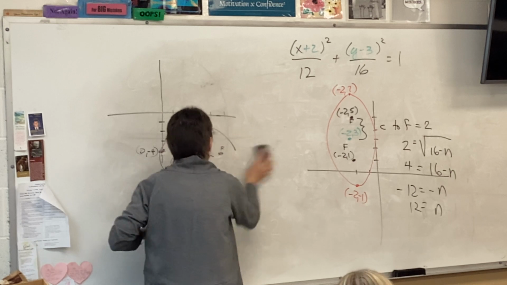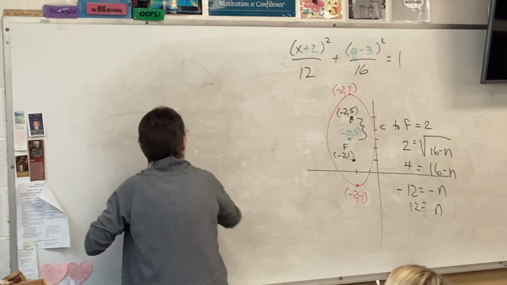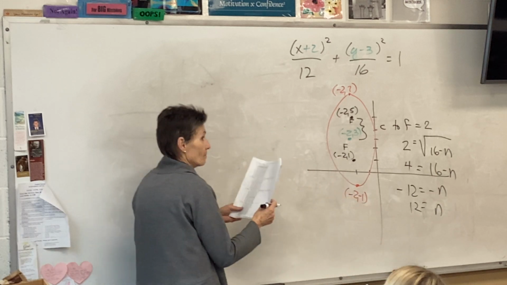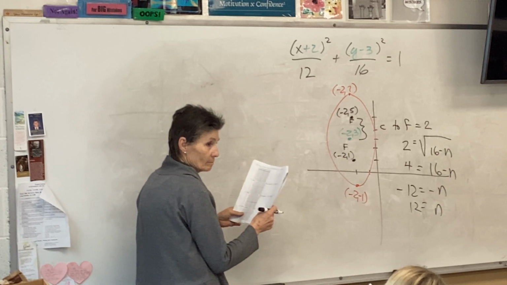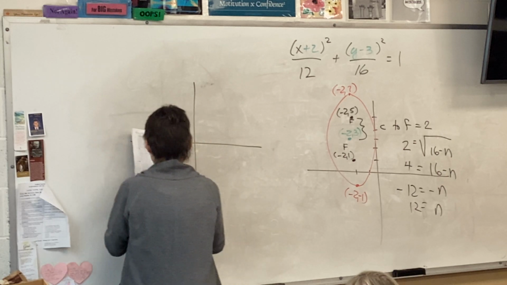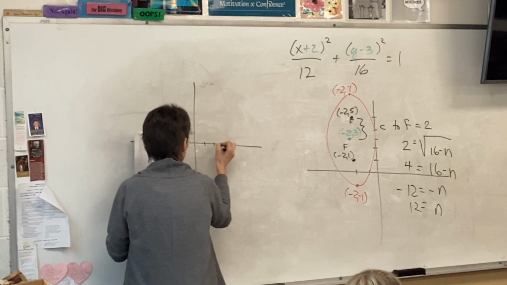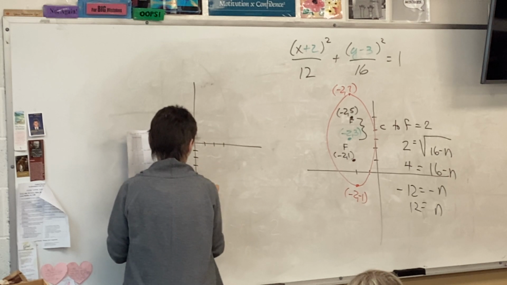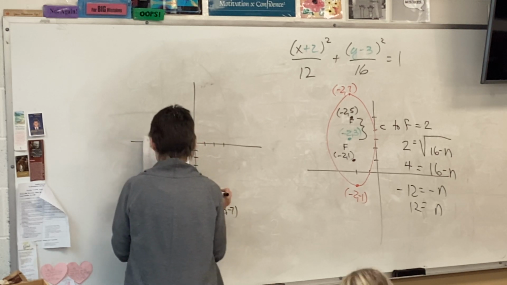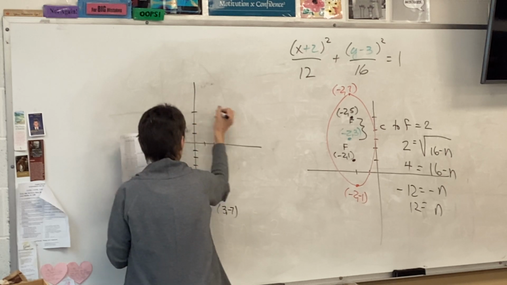Okay. One more. All right, so we have 3, -7. And 3, 3.